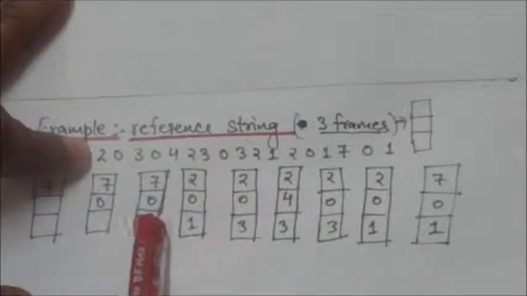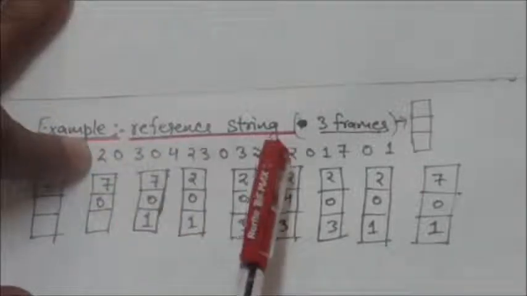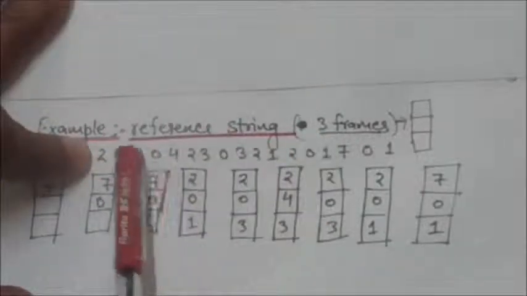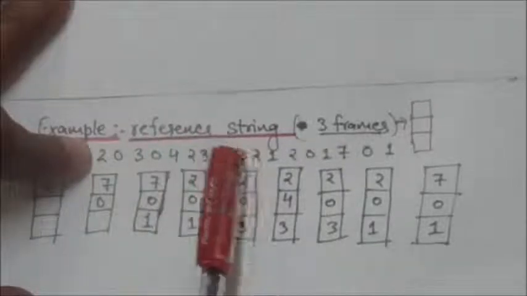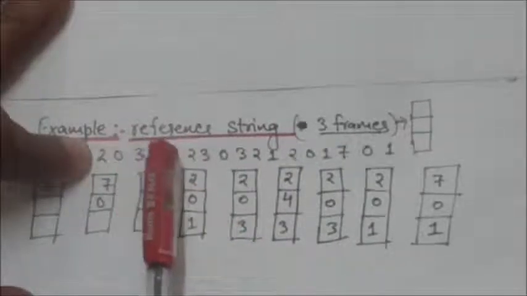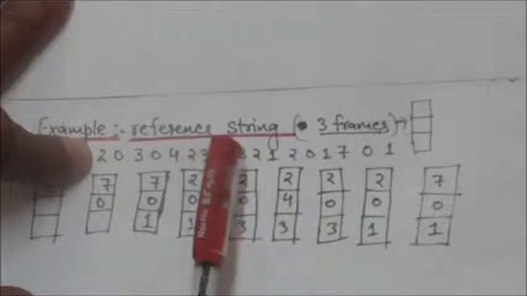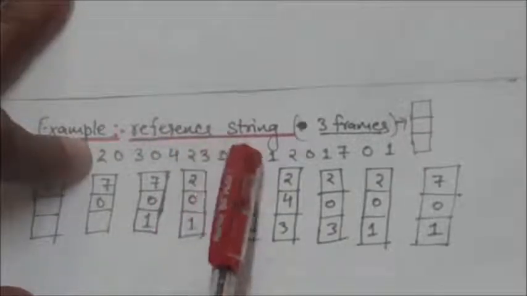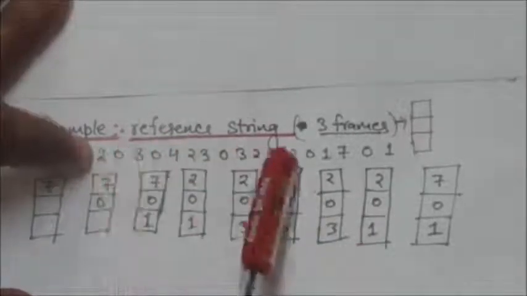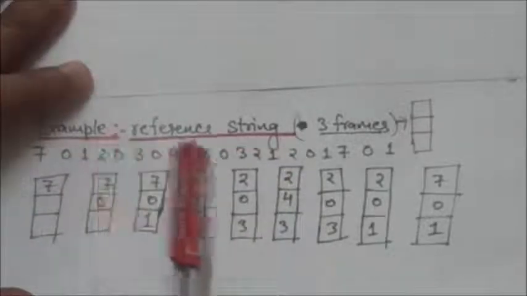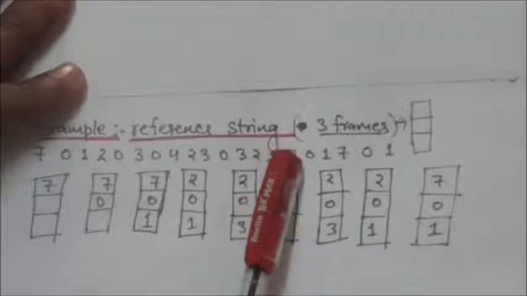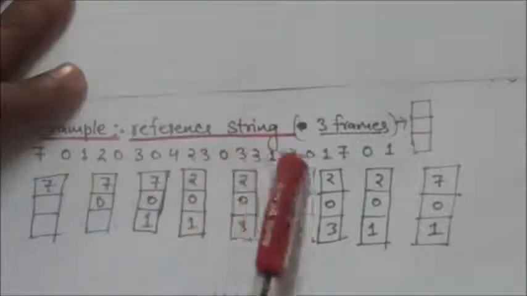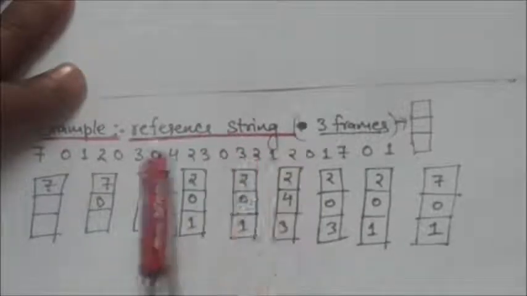Now see this page number 1. In the reference string, you can see 1, 2, 3, 4, 5, 6, 7. After 9 references the page number 1 will be required, right? The 10th reference is to page number 1.